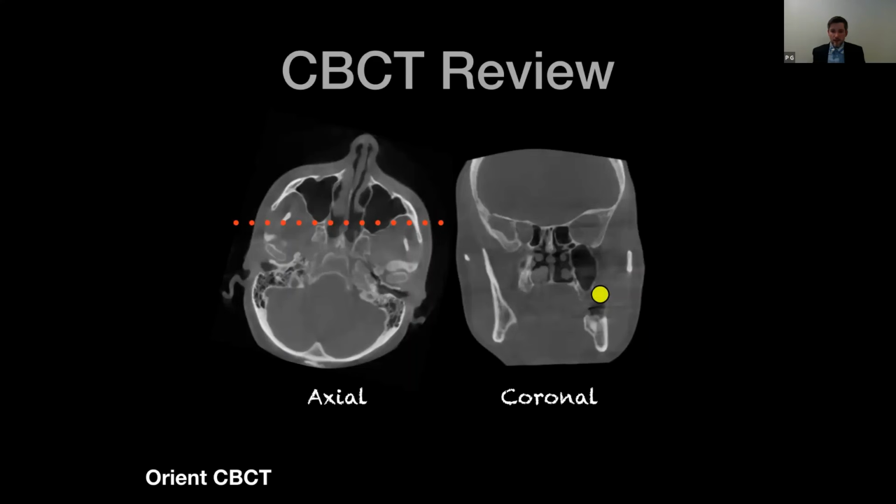We could see maxillary sinus on the patient's left. We cannot see it on the patient's right. We could see part of the coronoid process in the mandible here. We cannot see the same structure on this side. And the orbits look like they're different sizes. Here the orbit looks large on this side, it looks smaller on this side. So you don't have that ability to assess right and left sides.